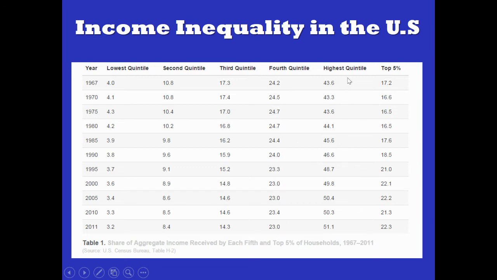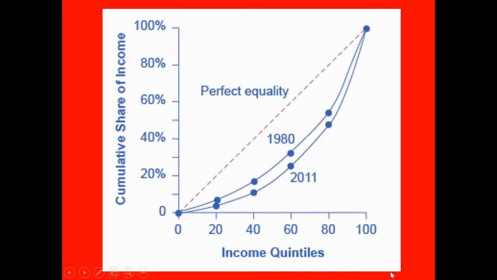The highest quintile, the highest 25%, are the only ones who've benefited over, say, the last 40 years. And that is really frustrating for hardworking Americans. If you look at 1980 versus 2011, this proves the point that it's not gotten better, that it's actually gotten worse. So unfortunately, this is still a problem today, and it's one that we inherit moving forward.